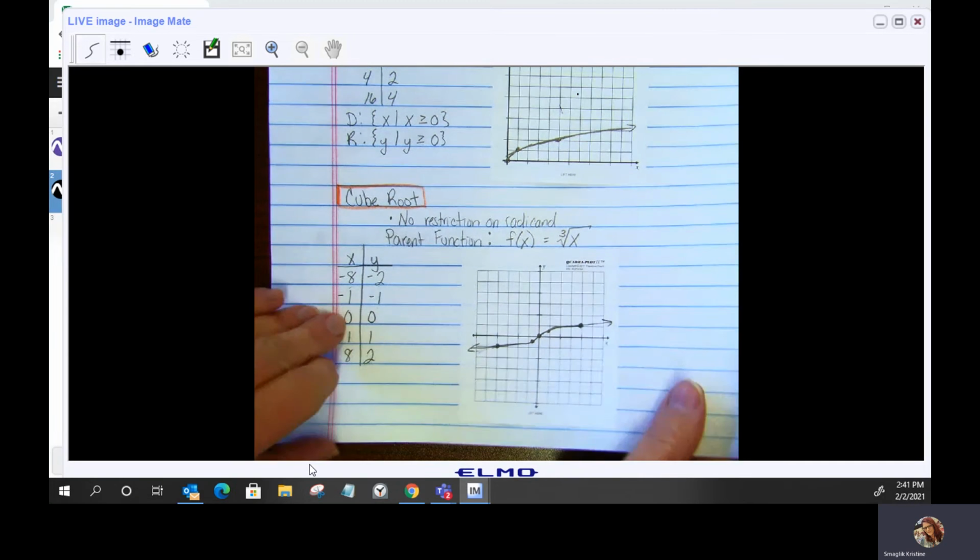So now let's take a look at a few, and we're going to identify the transformations. So here on A, the parent function is the cube root of x. If I look at this, I don't have anything out front, so my A value is just 1. Here's my H value.